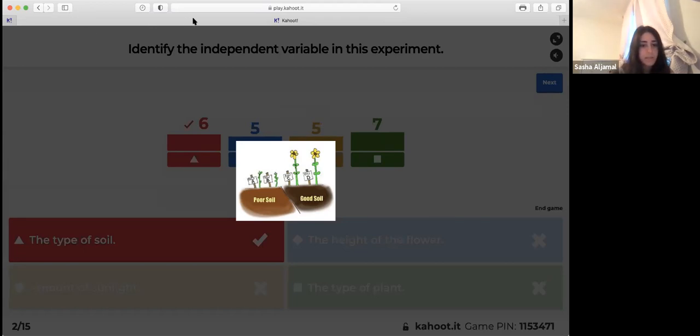And then the dependent variable, I think it would be maybe the amount of sunlight. I'd have to get back to you on that, but definitely the independent variable is the soil. I was either going to say the flower height or I'm not really sure if it's the sunlight because nowhere does it say there's sun, but that's okay. It's totally okay.